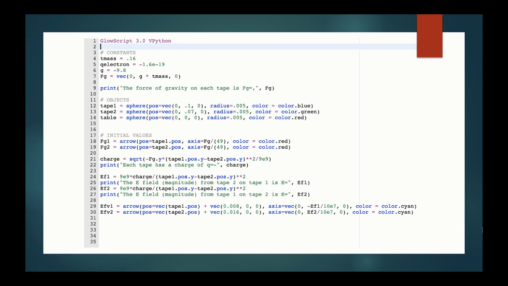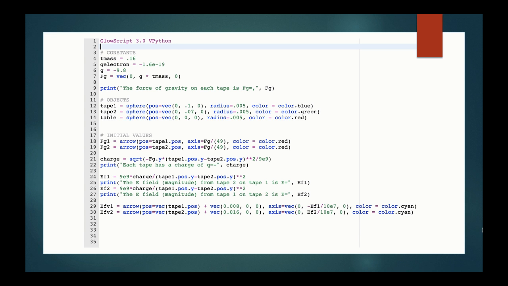And I did the calculations exactly like I just described, setting the force of gravity equal to the electric force, and calculating the charge from that being the only unknown.